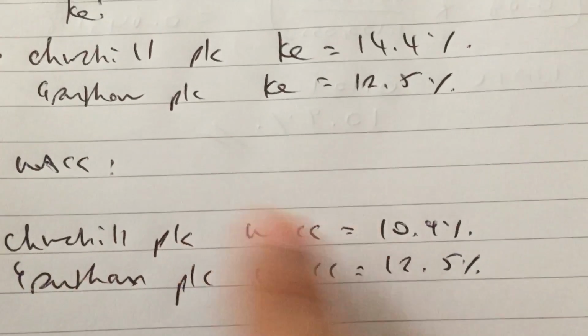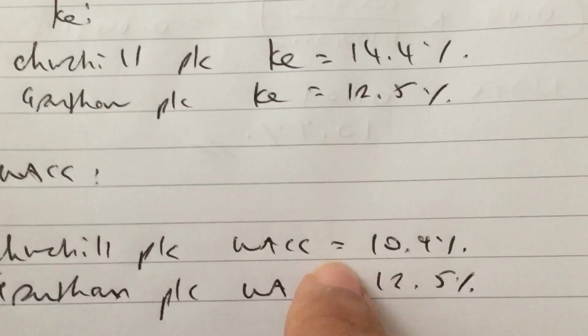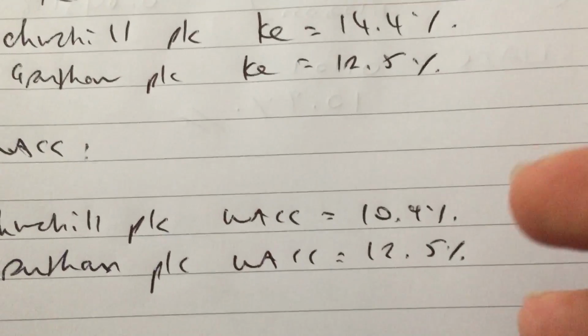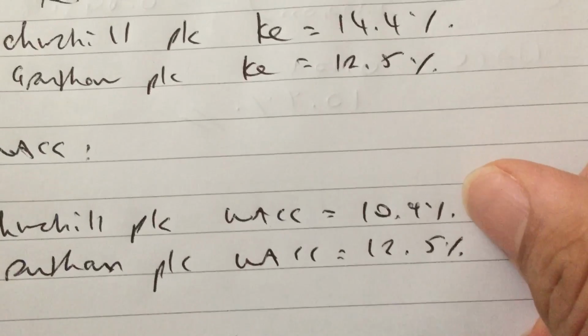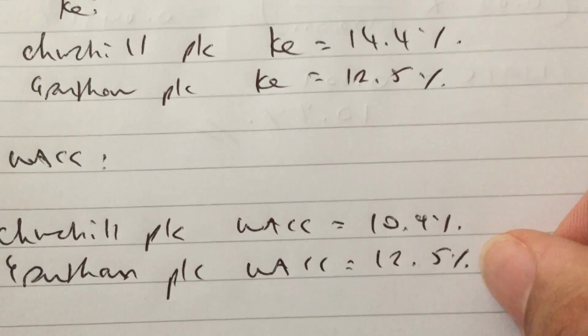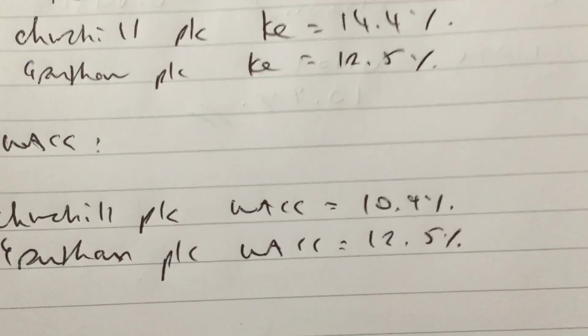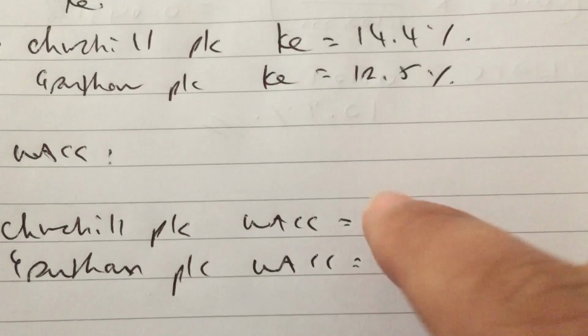And the argument is that because Churchill PLC has some debt, it's cheaper, so the weighted average cost of capital is lower. Being entirely equity financed is more expensive, which means your weighted average cost of capital is going to be higher. So that's it.